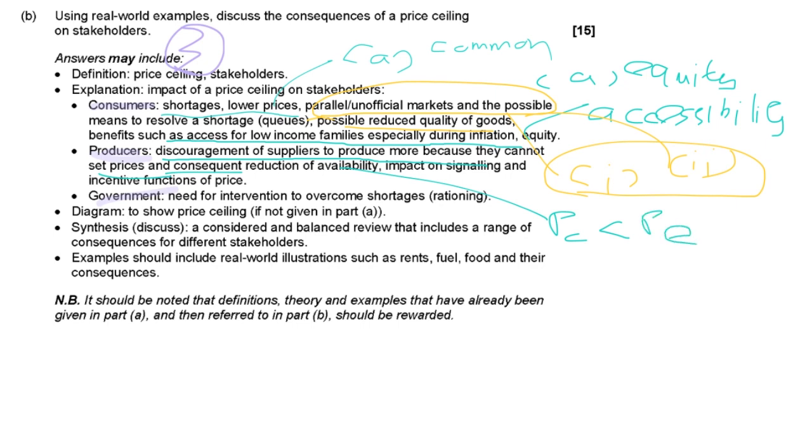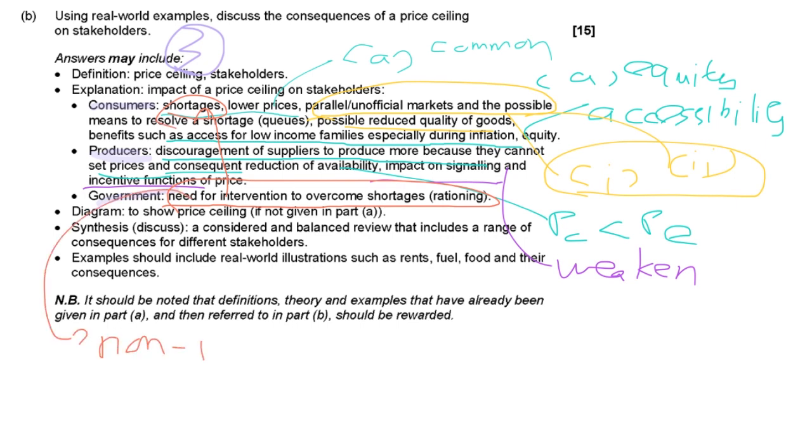Also, the function of the price signal is weakened because the government controls the price rather than the market signal. And for the government, there is a need for intervention to overcome the shortage. As you can see, there is a shortage, so what is needed? For example, we can use some non-price competition, like first come, first served.